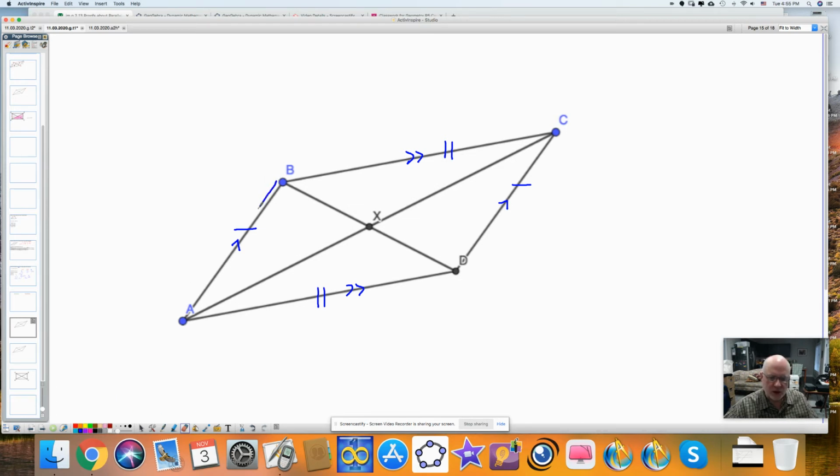So if these 2 lines, this one and this one, are parallel because it's a parallelogram, and I have a transversal that crosses it here, the alternate interior angles formed by a transversal crossing parallel lines are congruent. This is my alternate interior angles theorem that says if I have parallel lines, then the alternate interior angles are congruent. And I'm going to use that a second time with this diagonal. With this diagonal, my alternate interior angles are this one and this one.